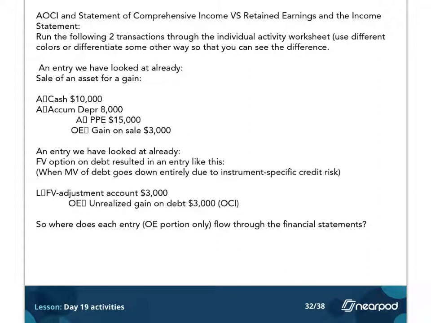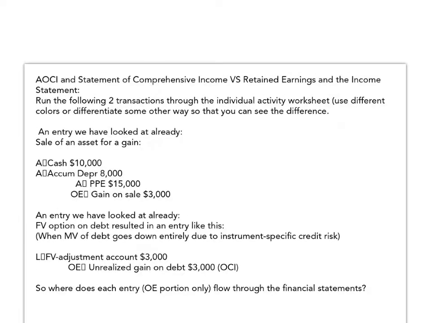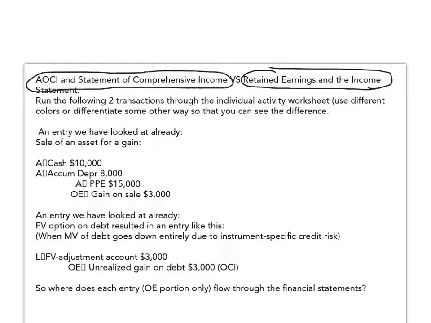So we're going to use these two journal entries to see how the retained earnings is analogous to accumulated other comprehensive income, but retained earnings deals with the income statement, and AOCI deals with the statement of comprehensive income.